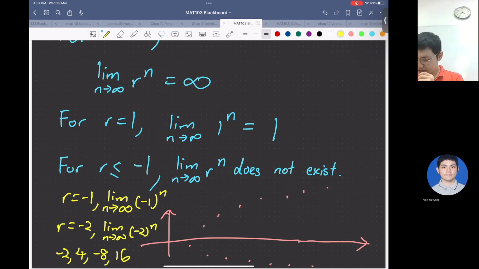So I put -2, 4, -8, 16, and then what's next? 32, and then 64, like this. So it's alternating but increasing. Does it make more sense now? So the limit doesn't exist, because it diverges in two directions.